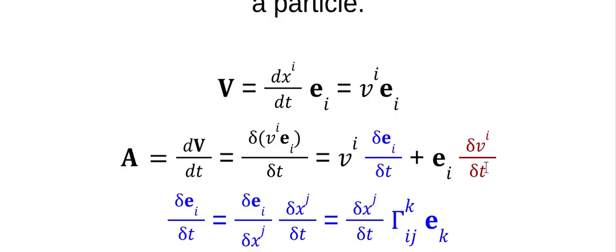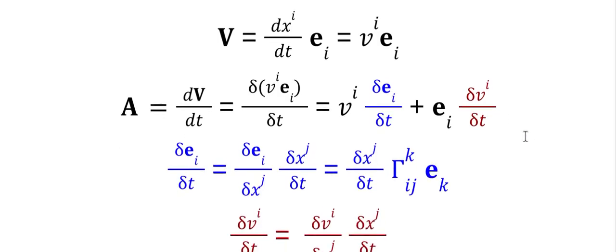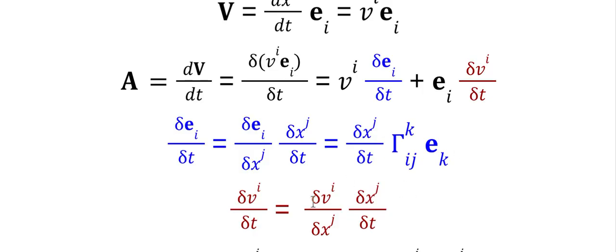Okay, now let's look at this and do the same thing to it. We can write it as the change in the velocity component with respect to a coordinate times the change in the coordinate with respect to time. Okay, so we're going to put this back in there, and this back in there.